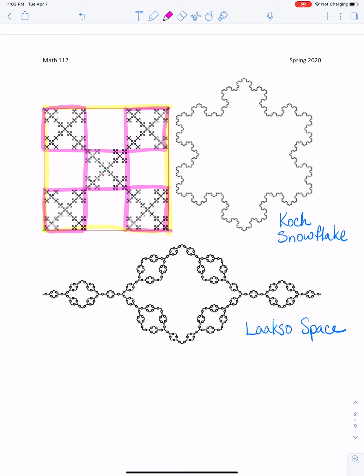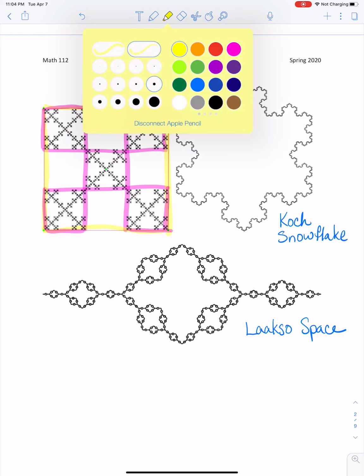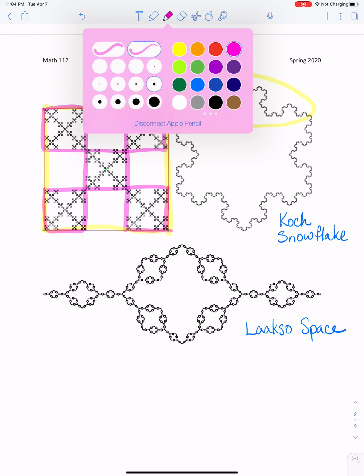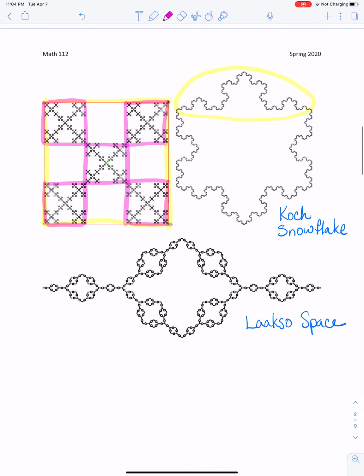And with the Koch snowflake curve, what you would notice is that if you took, say, one side of the snowflake, it looks the same as if I blew up any one of these smaller pieces.